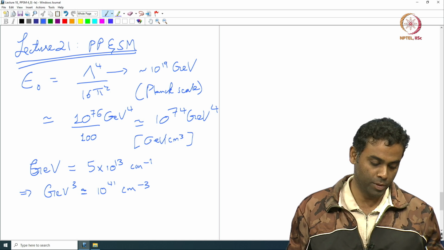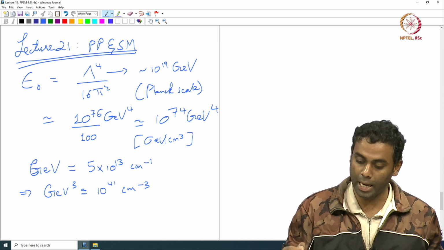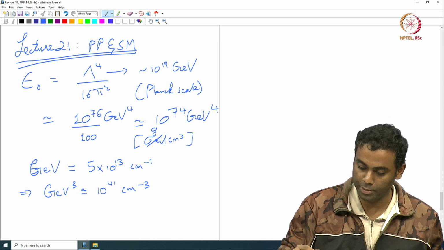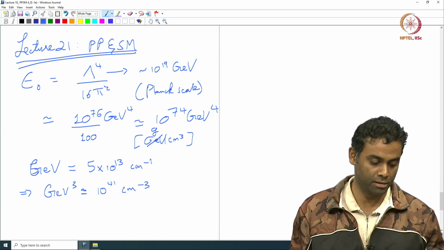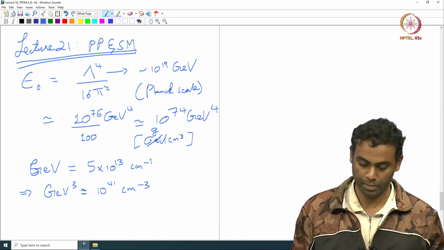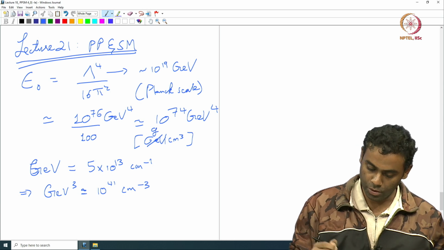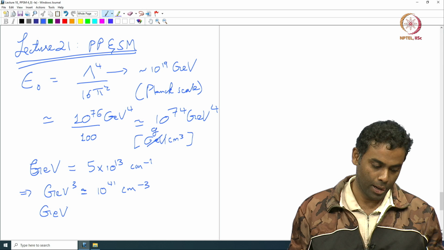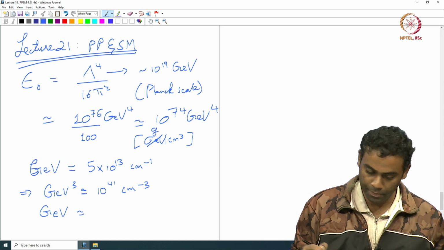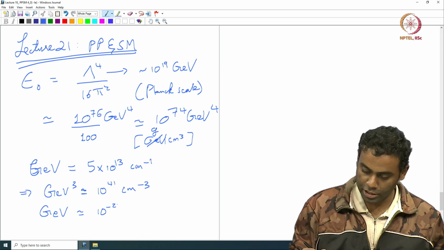In fact, to make this even better, let us see this in terms of grams per centimeter cube, not GeV, grams per centimeter cube, because we are much used to grams per centimeter cube in day to day experience. So let me give you one more conversion then. I know that a GeV is about 10 power minus 24 grams.